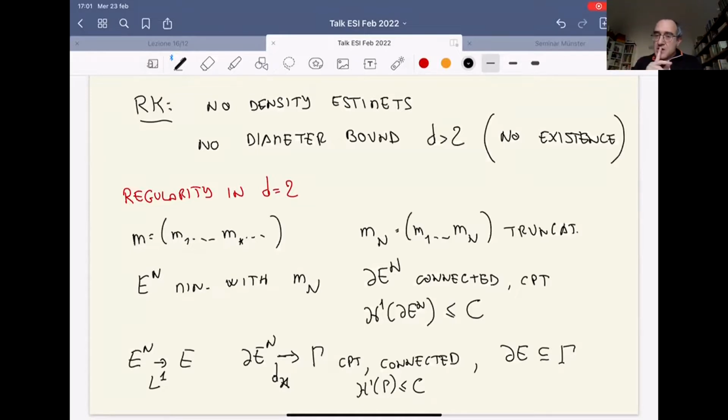What we do not know is where infinitely many chambers accumulate.